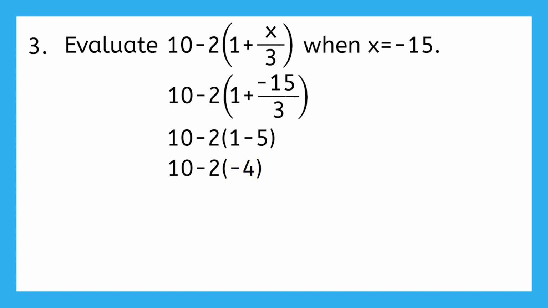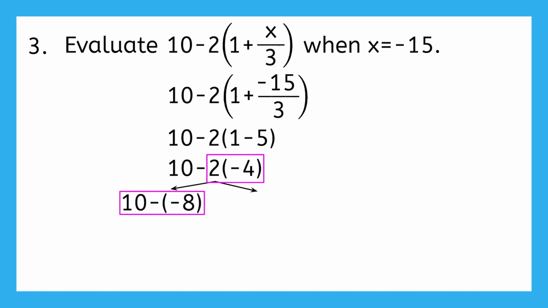Now what's next? Well, let's check the order of operations. There are no grouping symbols, no exponents, but there is multiplication. However, there are two ways to think about this multiplication, and both are correct. One way is to view this as 10 minus 2 times negative 4, which would give us 10 minus negative 8.